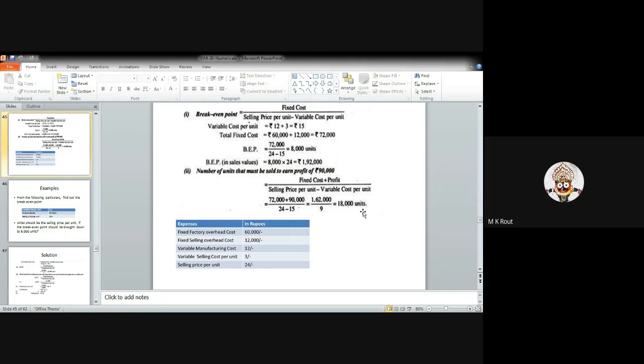Fixed cost is 72,000, profit is 90,000, divided by 24 minus 15, which equals 9. If you solve this, you get 18,000 units. Is it clear?